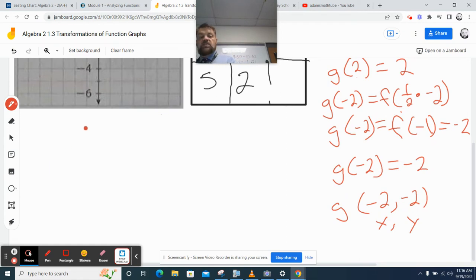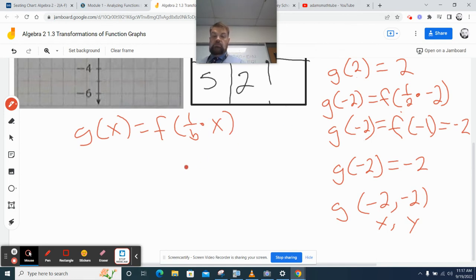So your textbook is saying, look, g of x is equal to f of 1 over b times x. And then what happens if b is 0 to 1? Okay. That's what they want you to think about. And then they say, what happens if b is greater than 1?